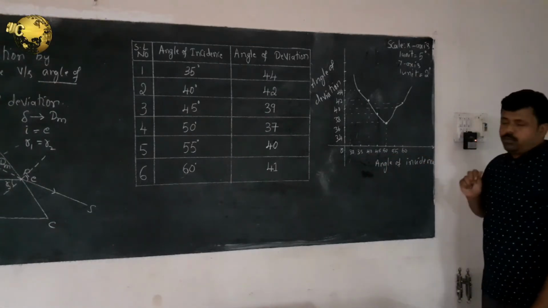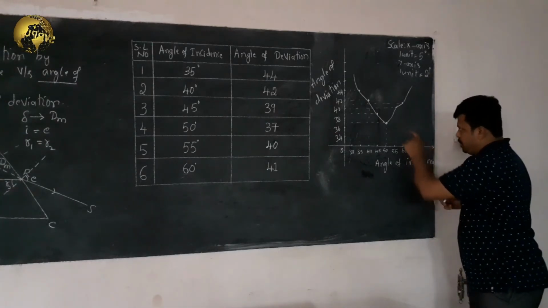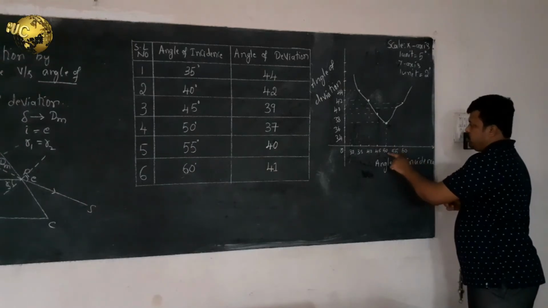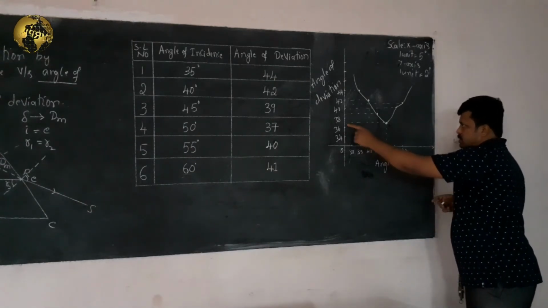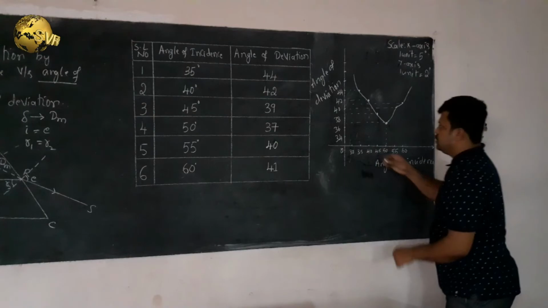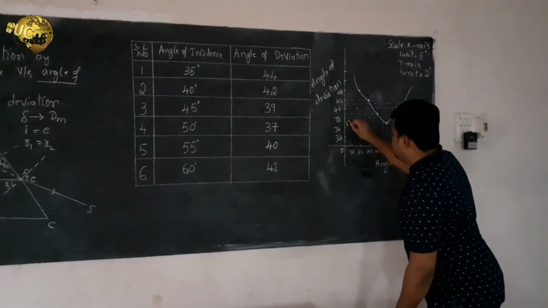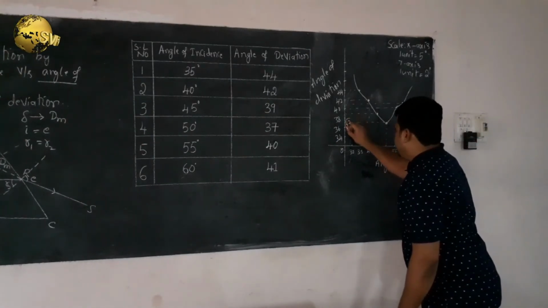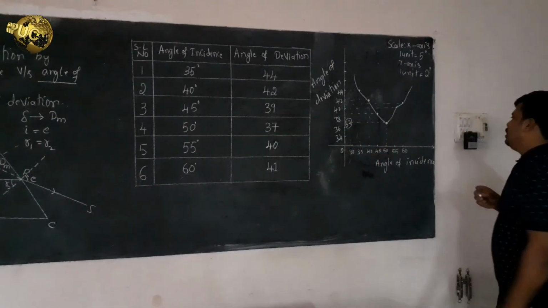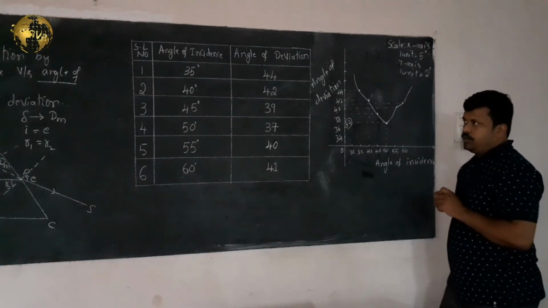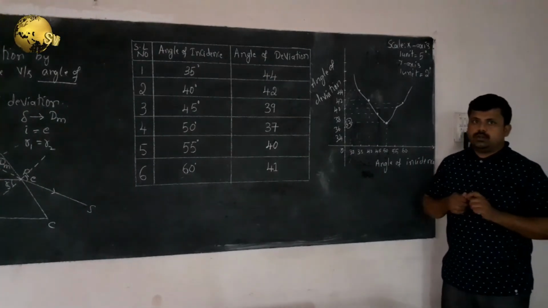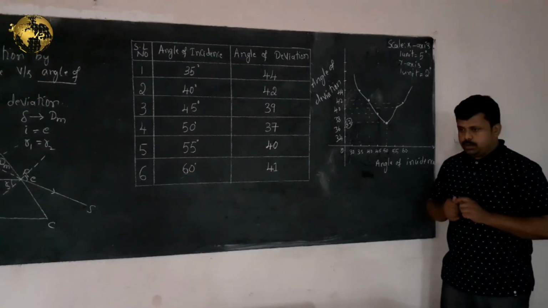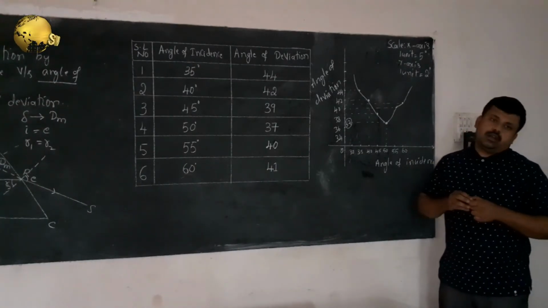At one particular point we have the minimum angle of deviation, which corresponds to 50 degree angle of incidence, and the value is 37. The angle of deviation is coming out to be 37. So the aim of the experiment is to find out the angle of minimum deviation of the given prism. So you are able to do that.